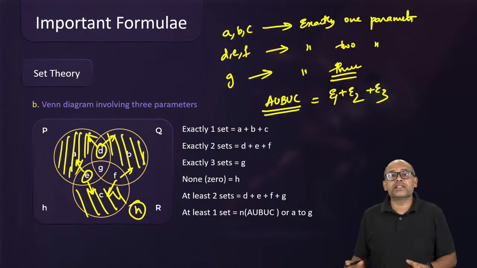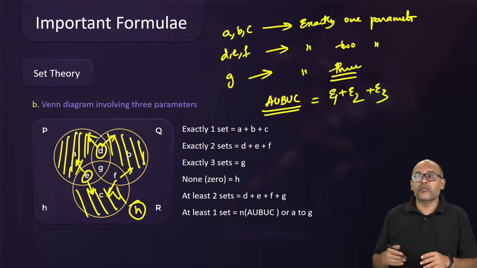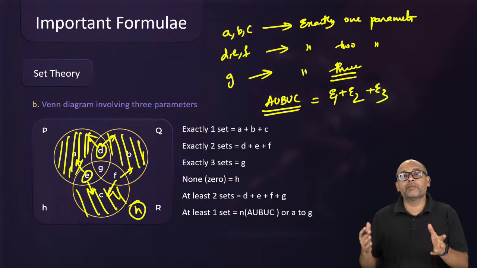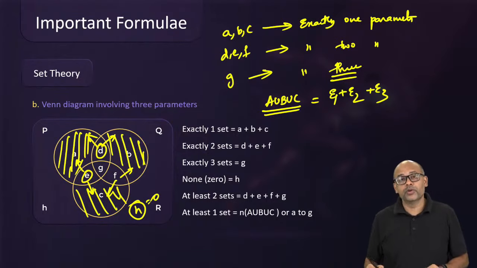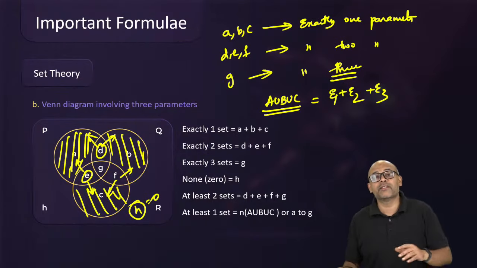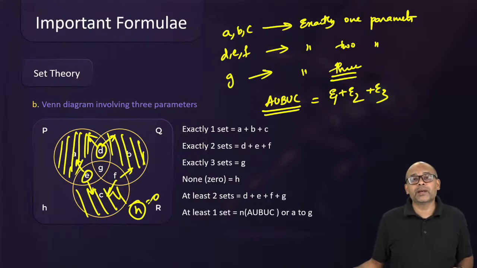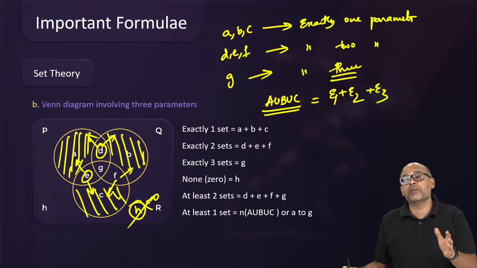If the question says a survey is conducted for students whether they like Pepsi or Thums Up, and everybody chooses one of the two, then it means H equal to 0. But if I just mention that a survey was conducted, 50 people like Thums Up, 60 people like Pepsi, you cannot take H to be 0 in such a case, because nothing is mentioned about people who don't like both. It could be possible. So unless specified, you will always take somebody is outside the circle.